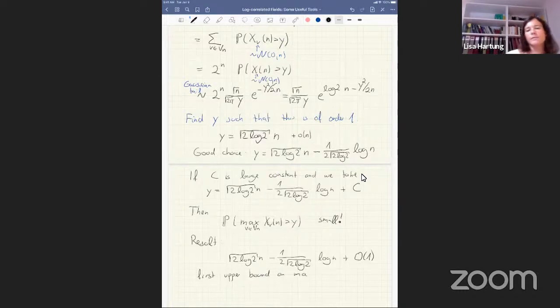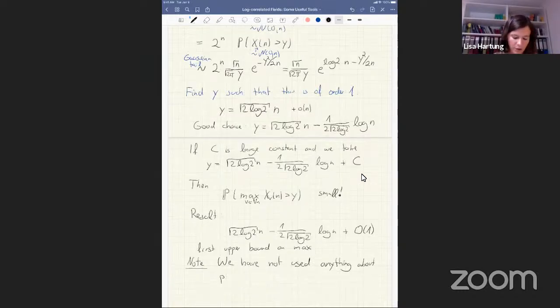Now, what is very particular about this? Note the following. We have not used anything about the branching random walk. We also could have done exactly the same computation.